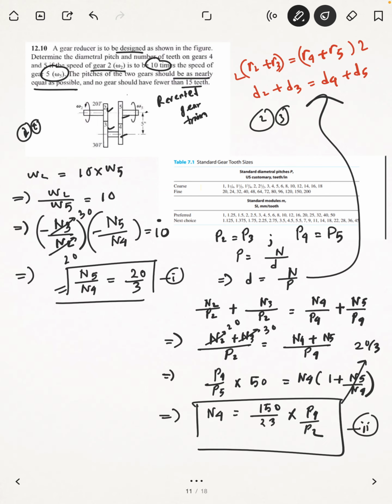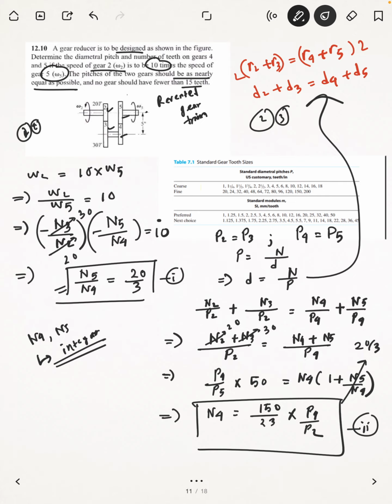Okay, you have to use these two equations to iterate, to determine the diametral pitches and the teeth numbers. But the condition is that the teeth numbers, that means N4 and N5, must be integers, as there cannot be a fractional number of teeth.